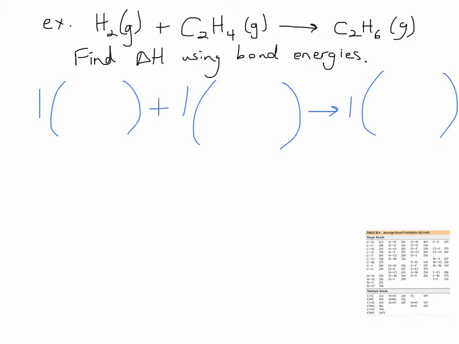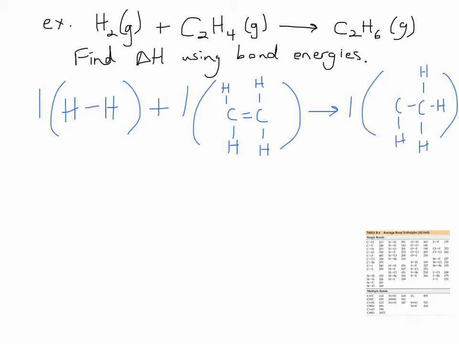Now inside these big parentheses, I'm going to draw the Lewis dot structure. So for H2, it looks like that. For C2H4, it looks like this. That's C2H4, and for C2H6, it looks like this.